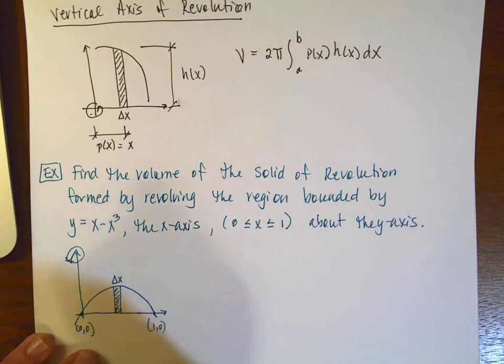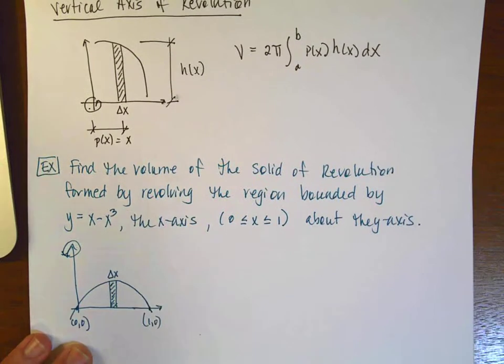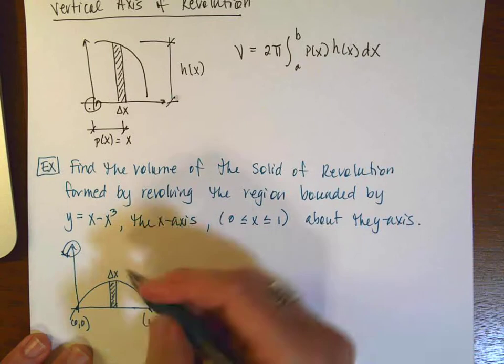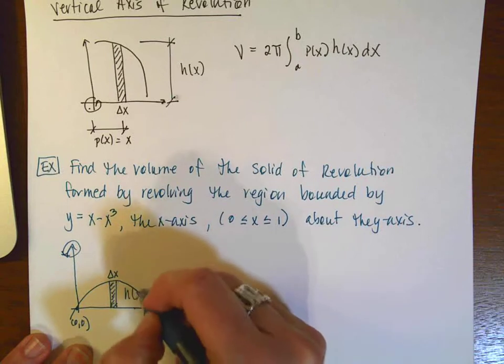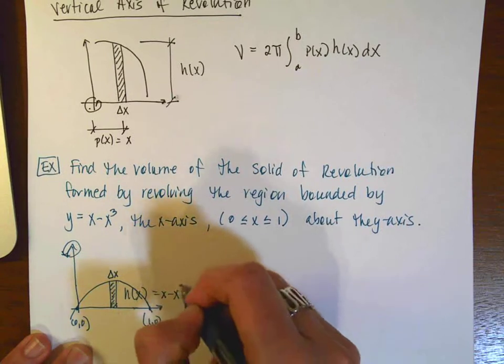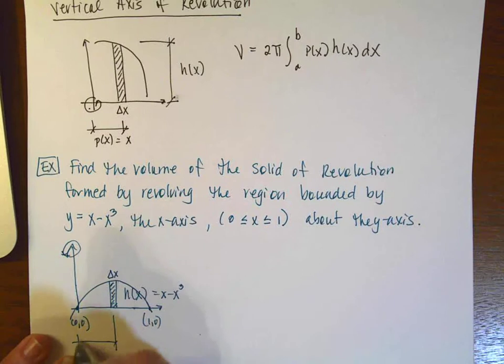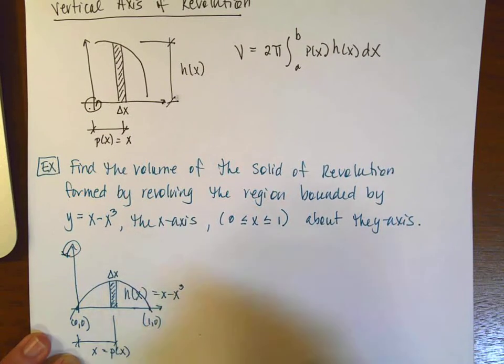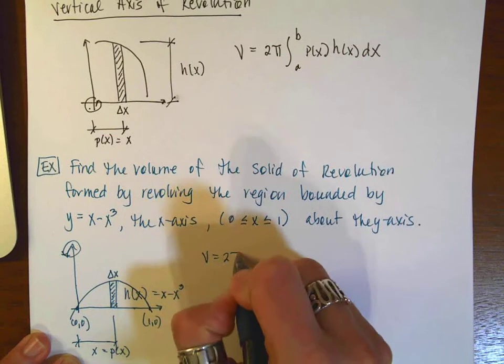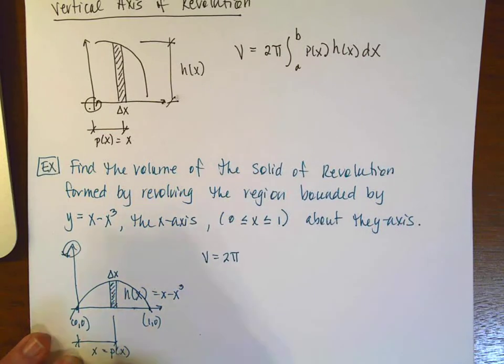This is the point 0, 0. The height of my rectangle, h of x, is going to equal x minus x cubed, and this distance from the axis to the rectangle is going to be x, and this is my p of x. So then my volume is 2 pi.